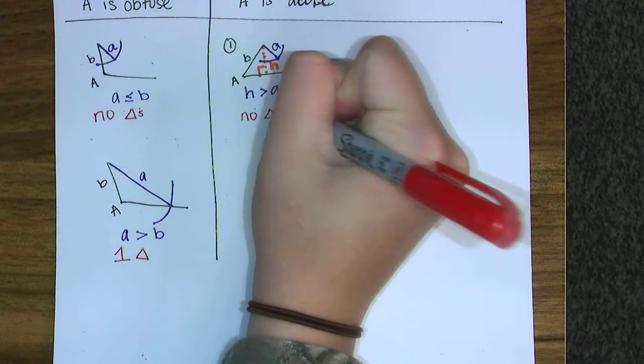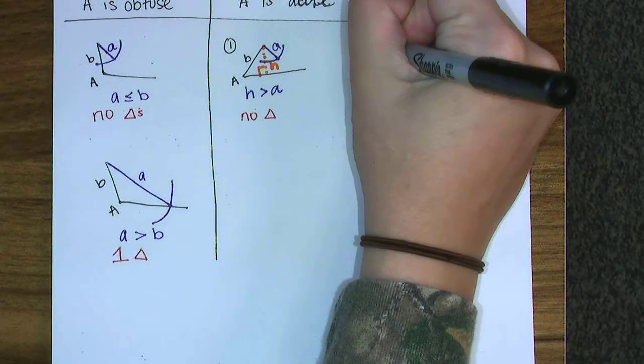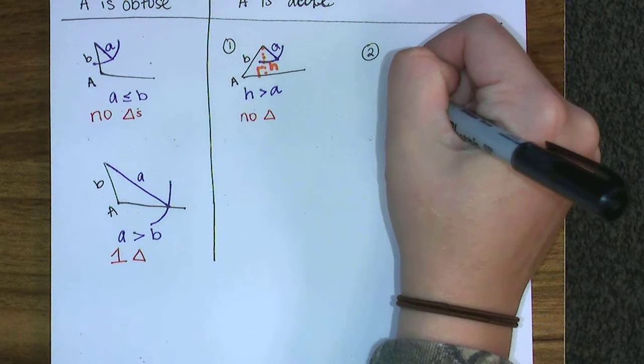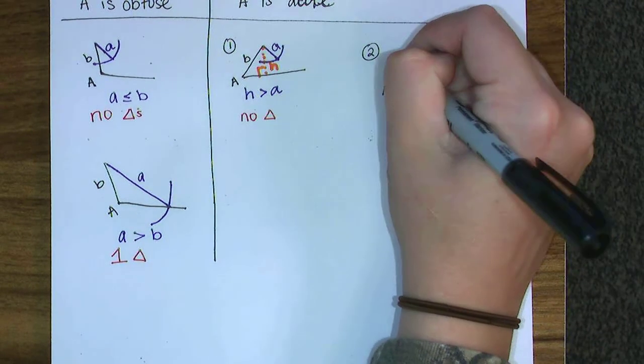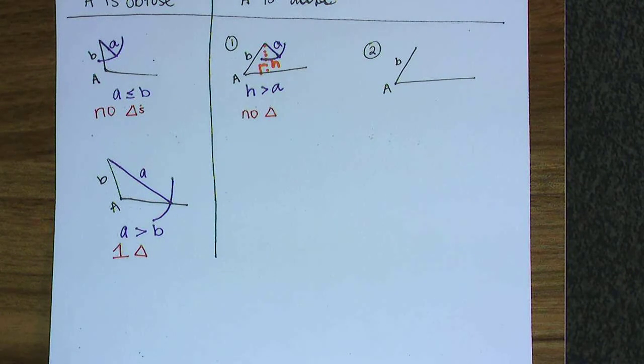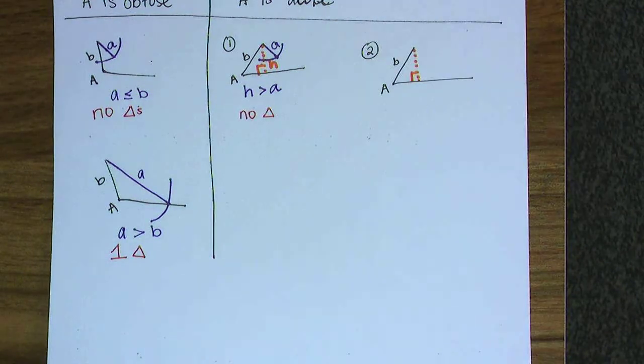Now, over here, possibility number 2, same fixed side, fixed angle. Another possibility we have, with our h being dropped down, is that a could be right along that line.